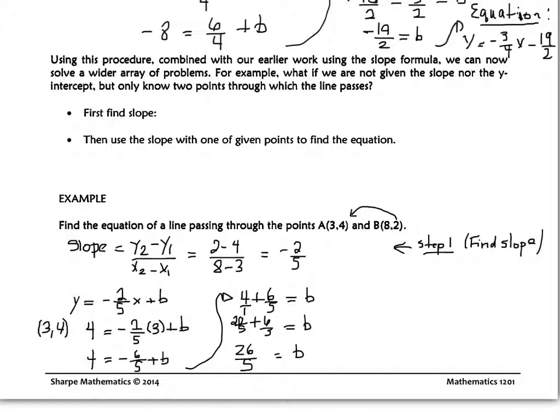So step 2 is use your point to find b. It should say once m is replaced with the slope you found in step 1.